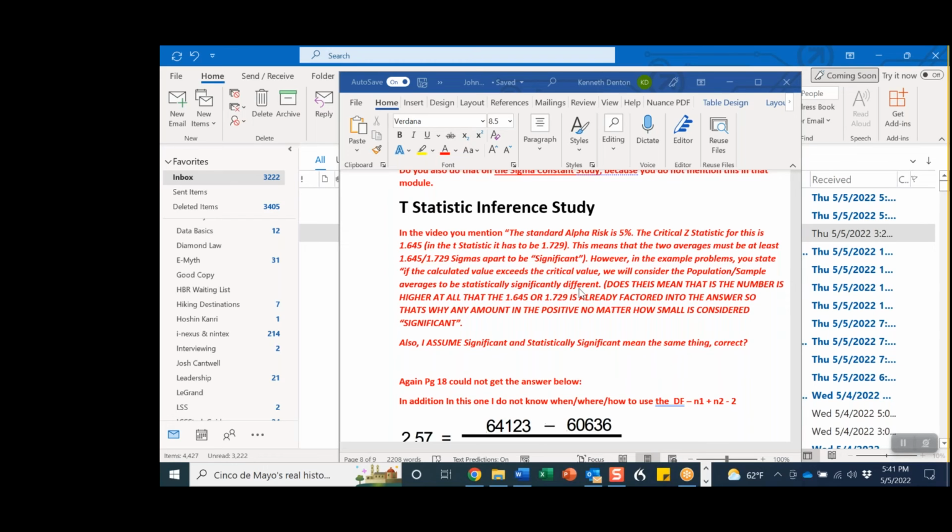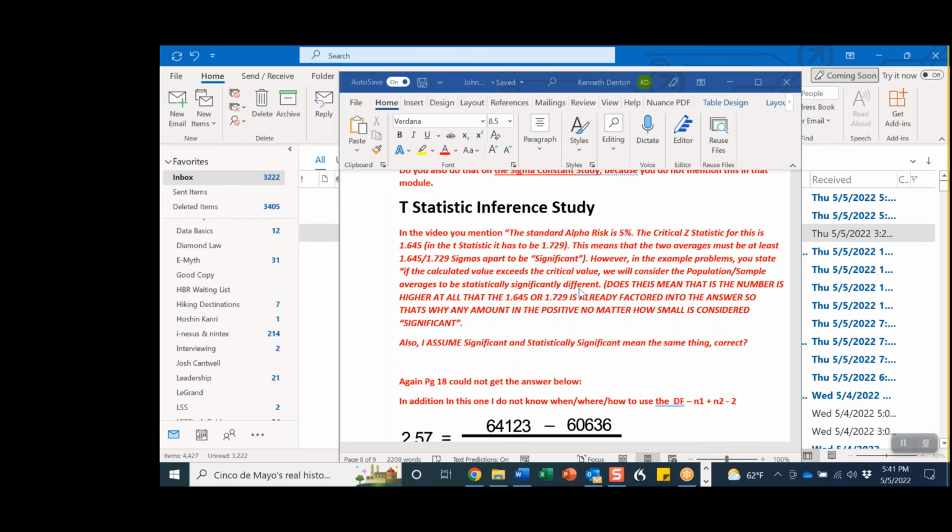Okay, so that tells me that it is saying two different things. In other words, what you're saying originally is that the answer, when you figure out that problem, has to be 1.645 or higher to be considered significant. Yes, that's correct.